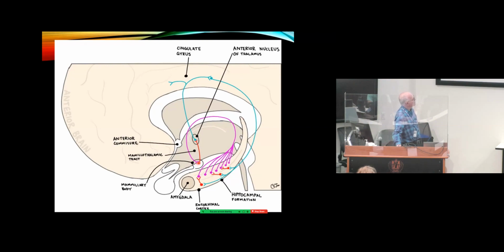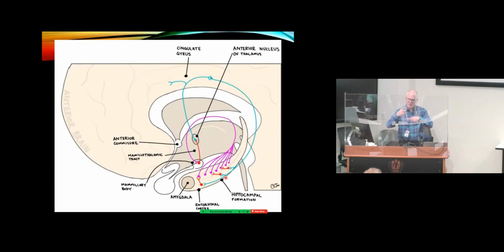Then it goes up to a nucleus of the thalamus called the anterior nucleus of the thalamus. Then it goes up to the cingulate gyrus, and then back to the hippocampus. So that is the Papez circuit: hippocampus, via the fornix to the mammillary bodies, to the anterior nucleus of the thalamus, the cingulate gyrus, and back down.